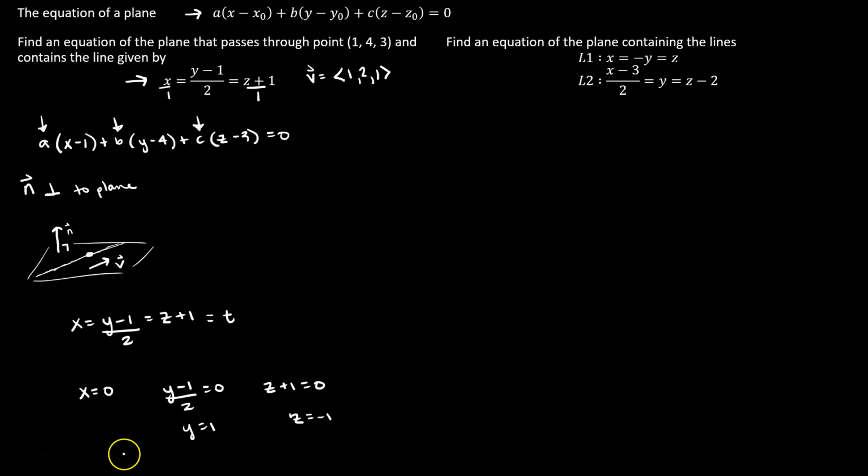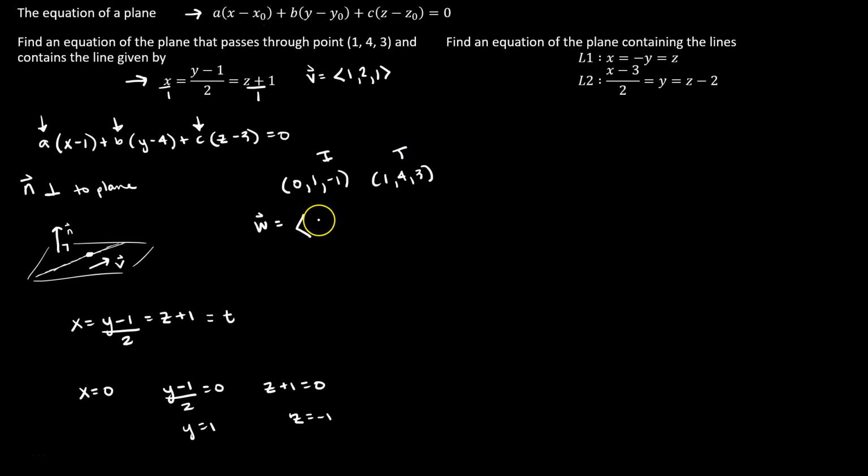So using this point that we just found, 0, 1, negative 1, and the point that was given to us, 1, 4, 3, we can generate a new vector. I'll call it w. And it doesn't matter which one's the initial or the terminal, so I'll call this my terminal point and this my initial point.